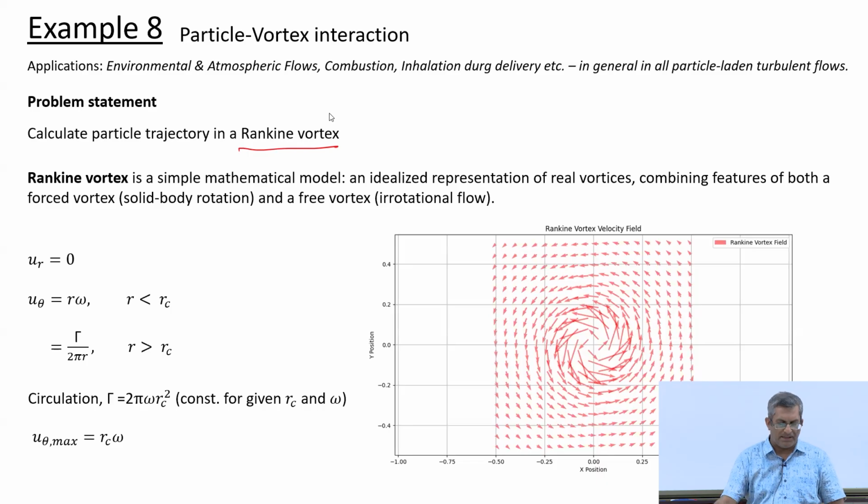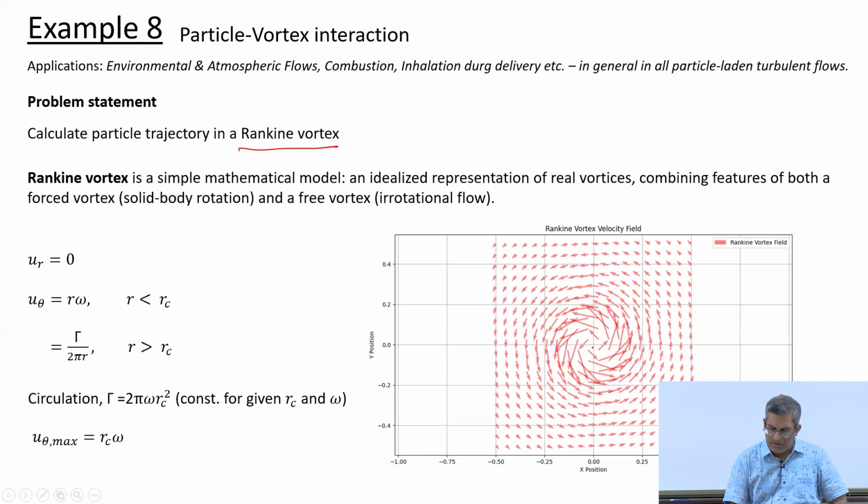Rankine vortex is a simple model which refers to an idealized case of the real vortices, which combines the features of both forced vortex, which is solid body rotation at the central core region, and the free vortex away from it. Here you can see the example.